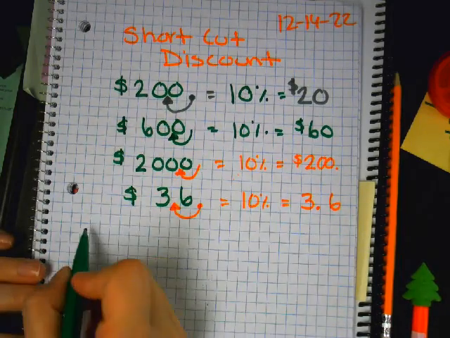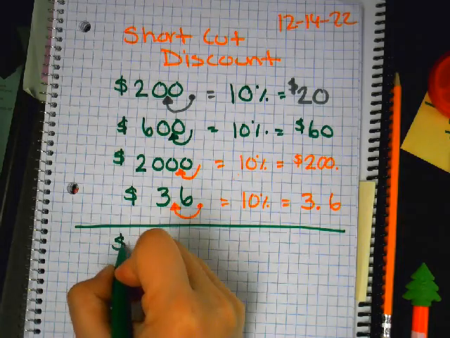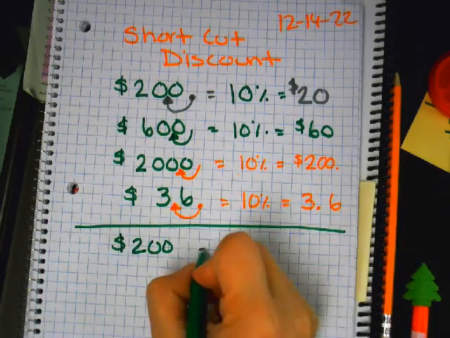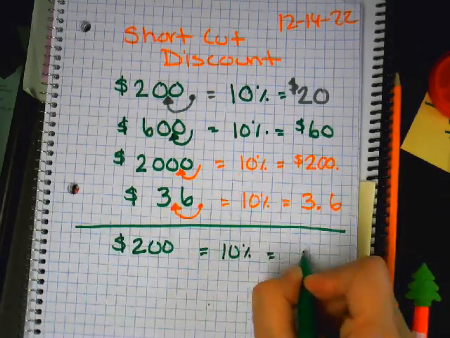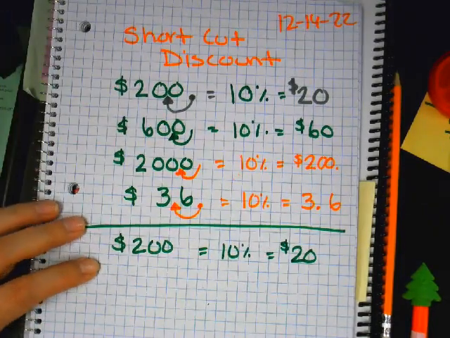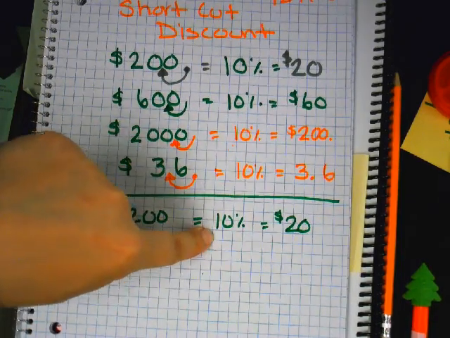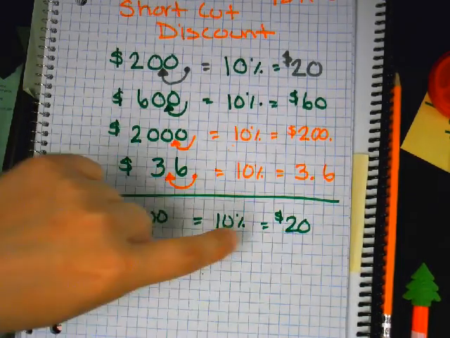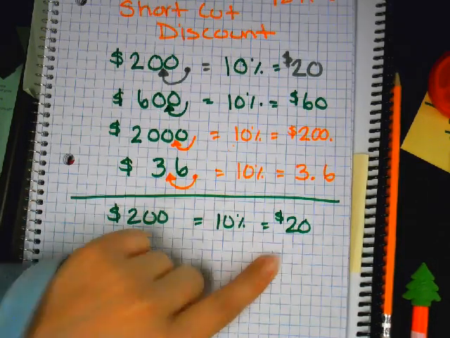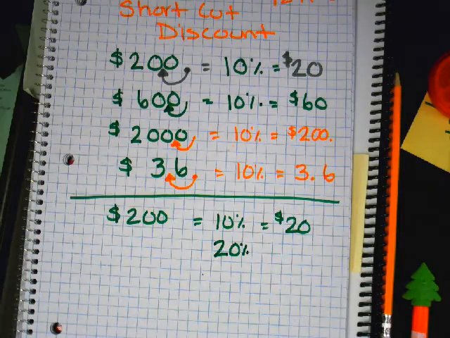Let's go back to $200. We already know that 10% equals $20, right? So let's build upon that knowledge. If 10% is $20, what would 20% be without actually multiplying and doing all that fancy stuff?